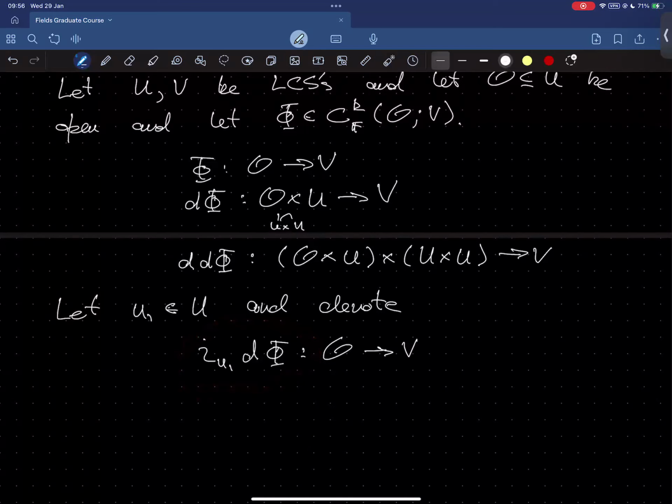All I do is take a point x and map it to d phi at x in the direction u1. This mapping isolates the x dependence that I care about.